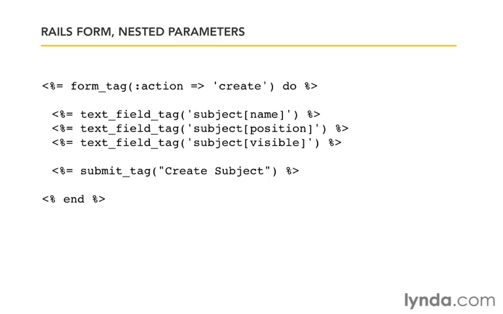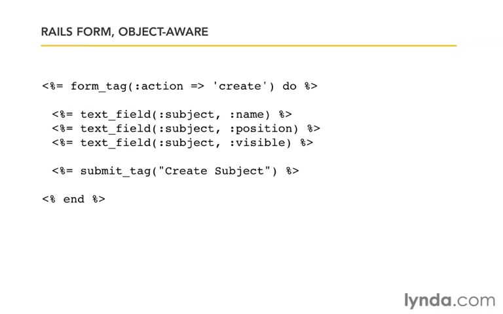But there's another improvement that we can make here. Text field tag will output the attribute for us just fine. And we can even tell it what its default value ought to be. But we can have it do that automatically if we instead use just a text field helper. Not text field tag, just text field. And notice now the arguments are different. Instead of passing in a string of what I want that to be called, now I'm telling it what object it belongs to and what attribute on the object.